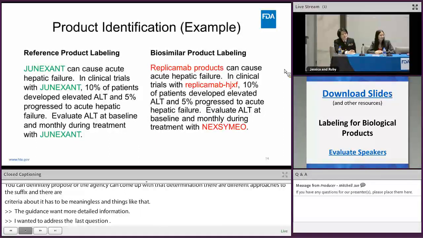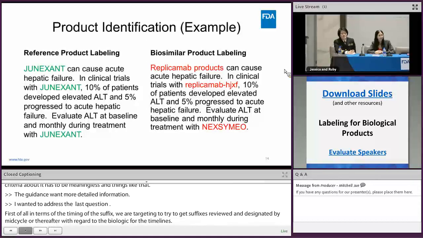With regard to the question you just answered, not much to add. We do use that guidance if we're designating. There's criteria laid out in the non-proprietary naming guidance that explains those suffixes. It's not necessarily a random generator. There are specific criteria, and we apply those criteria to any suffixes that are submitted for our review. Thank you for the lifeline.